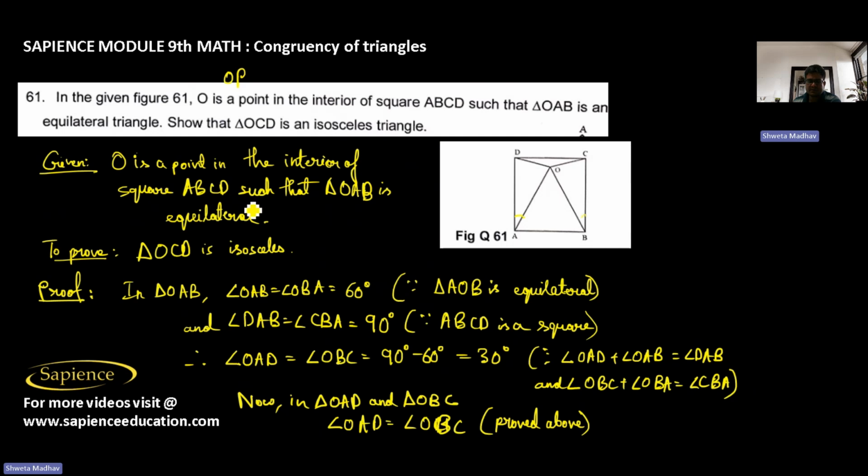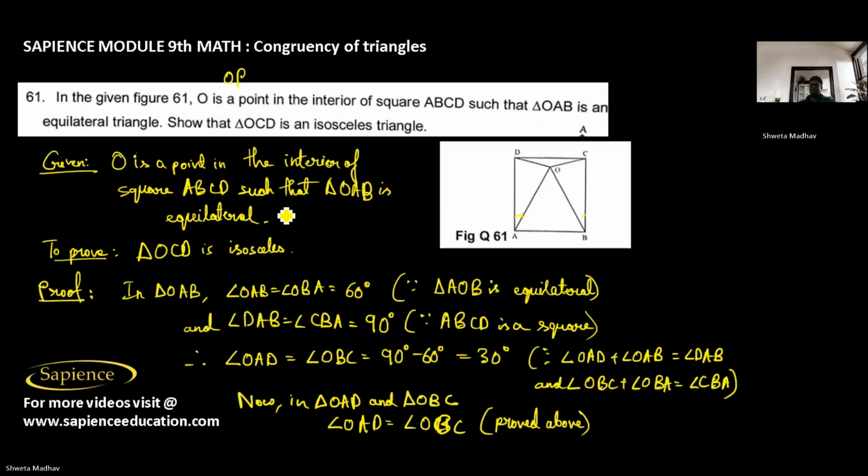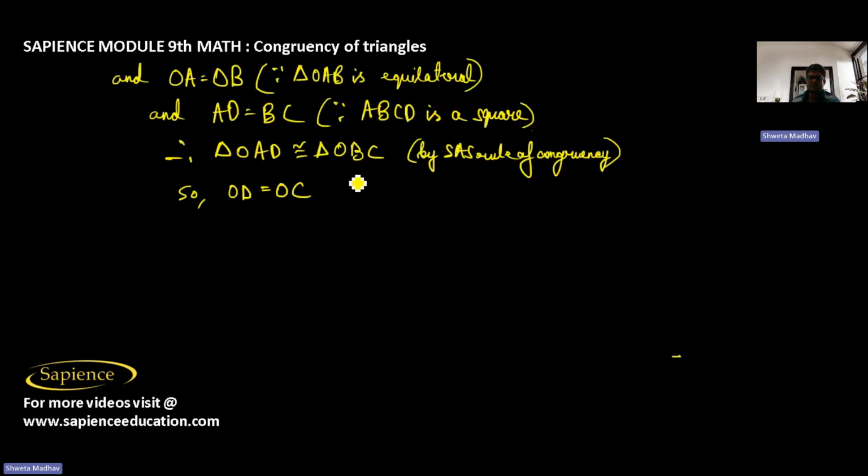So I can say that OD is equal to OC. Hence in triangle OCD, OC is equal to OD.